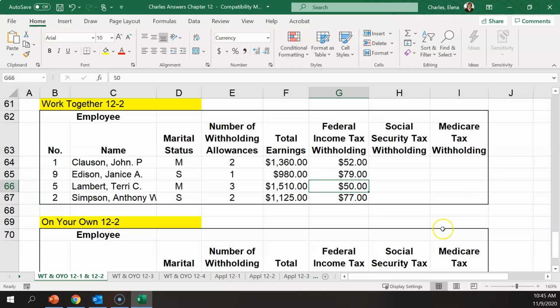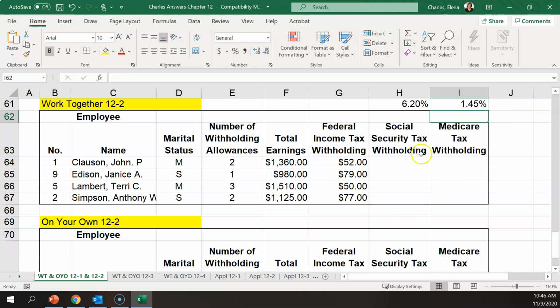All right. Now for our Social Security withholding. I'm going to show you the easy way to calculate your Social Security tax. I want to put the percentage here, 6.2%, and I'm going to use that percent key so you can see 6.2%. You're going to burn these amounts in your brain. Social Security is 6.2% and Medicare is 1.45%.